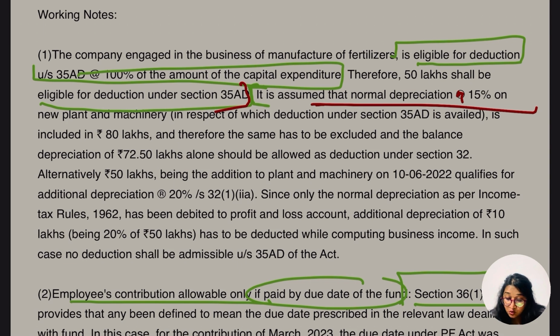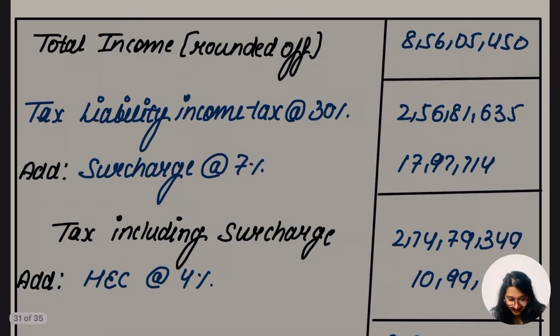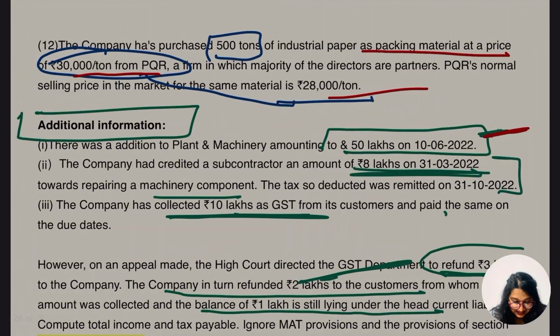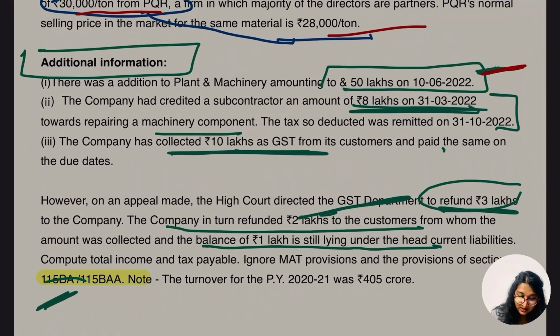It is assumed that the normal depreciation, 15%, how much percent? 15% on the new plant and machinery. New plant and machinery of 50 lakh. Let me go back. Okay, in the additional information they have given that there was an addition to plant and machinery amounting to 50 lakh.